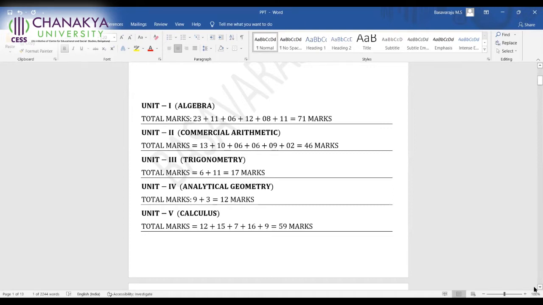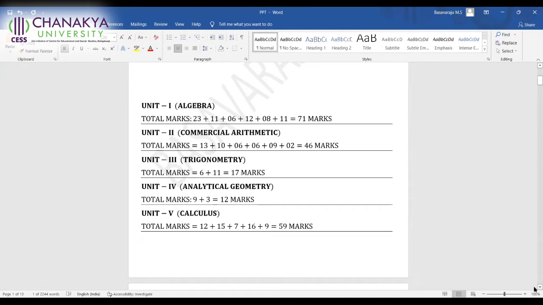Now think: by completing part 1 and part 2 itself, you can score more than 100 marks. So in case you are not well prepared for trigonometry, analytical geometry, or calculus, that is only from the examination point of view. Children, I am saying this for the examination point of view, not for the knowledge point of view.